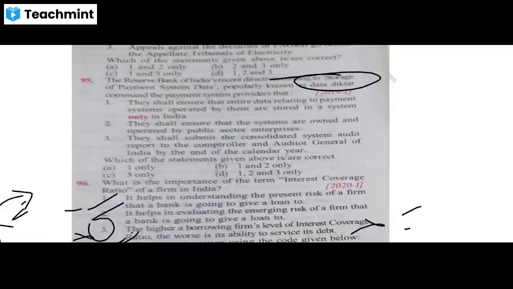Second statement, they shall ensure that the systems are owned and operated by public sector enterprises. Third statement, they shall submit the consolidated system audit report to the Comptroller and Auditor General of India by the end of the calendar year.